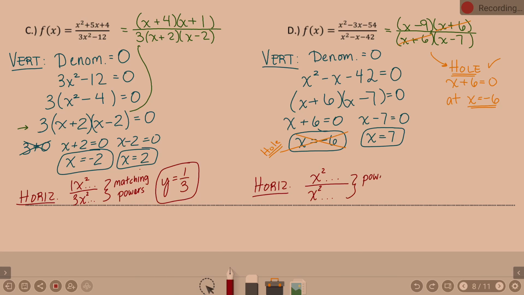What's my rule when the powers match? Leading coefficients. There's a leading coefficient of 1 on top, a leading coefficient of 1 on bottom. What's 1 over 1? 1 over 1 is 1. So you have a horizontal asymptote of y equals 1.